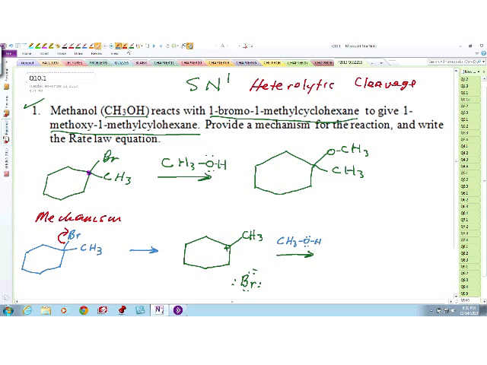The non-bonding pair of electrons on oxygen will be used to attack this carbocation here, and then you form this. Well, let me change the color.